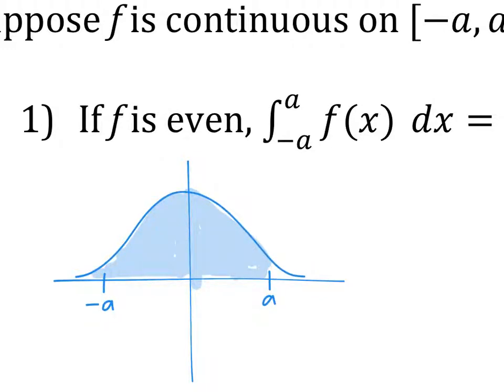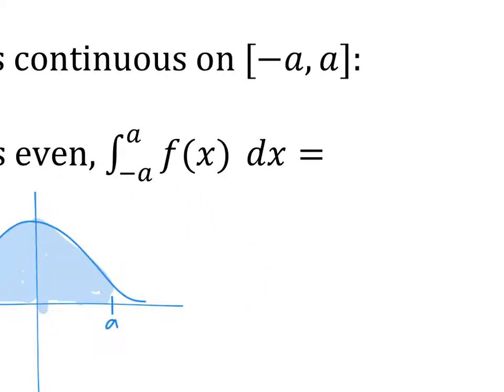It's a mirror. So we can just say it is 2 times the integral from 0 to a of f of x dx, because it's even. We know that it looks exactly the same, left and right, so we can cut it in half, do 1/2 of the area, and then multiply by 2.